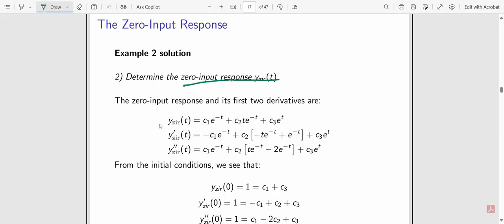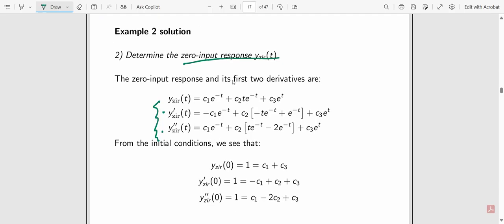So these are the initial conditions that were given to us. One time derivative, then second time derivative. Very simple. If we take the first time derivative, it means c1 e raised to the power minus t plus c2 t e raised to the power minus t. Obviously when you apply the derivative, minus 1 comes here.